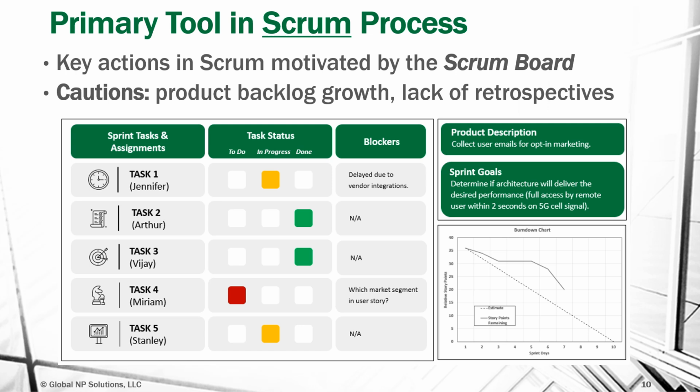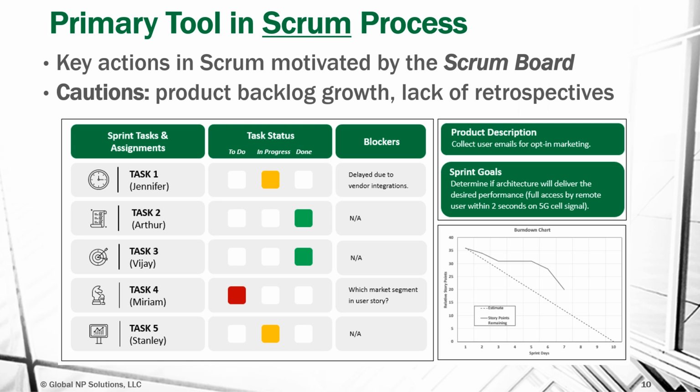It shows us the goals of a sprint, that incremental time period in which incremental work is produced. It shows us who's working on which tasks and the status of those tasks, whether they're still to be done, in progress or finished, and if there are any blockers or roadblocks or obstacles for that individual or that task to be completed.